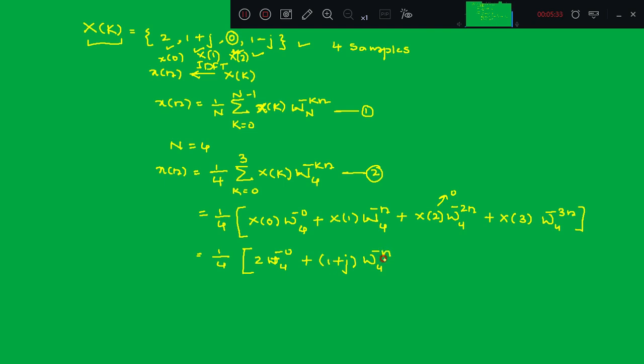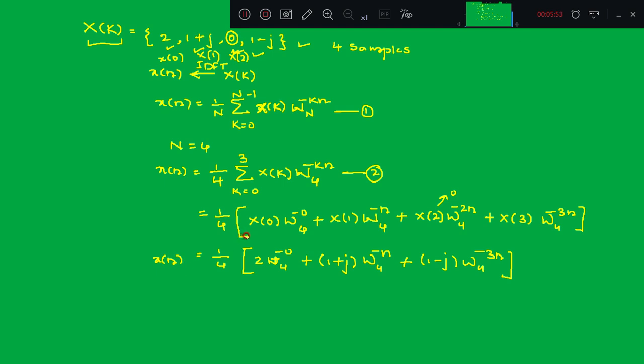Then X of 2, this term vanishes. Then X of 3 value is 1 minus j multiplied by W4 raised to minus 3n. So that is equal to x of n.